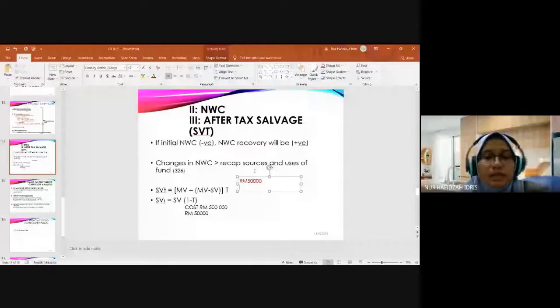Okay, and then the salvage value of the project is 30,000. So dia bagi you ada dua value dekat sini. Okay, so you nampak ada dua value, 50,000 and 30,000.